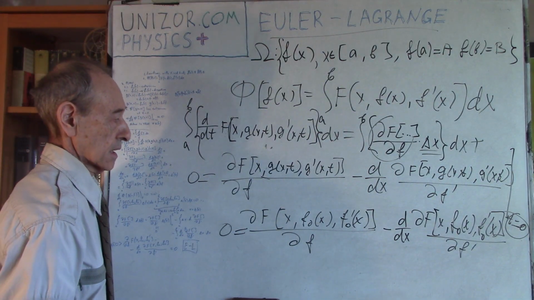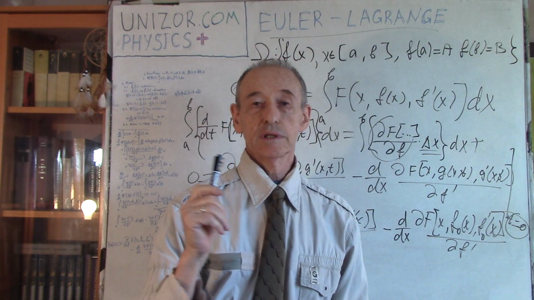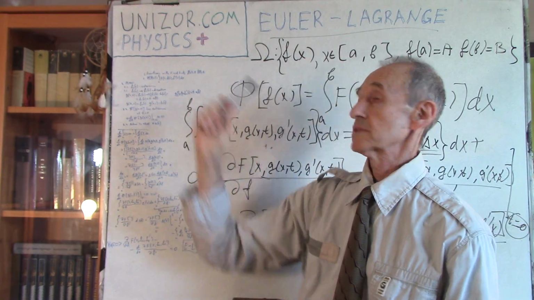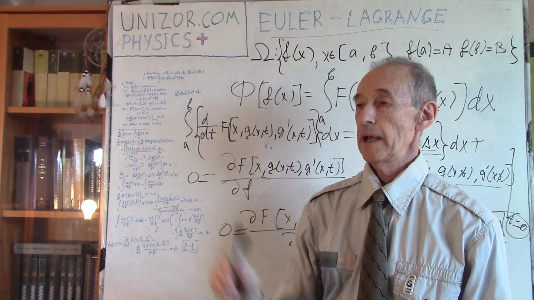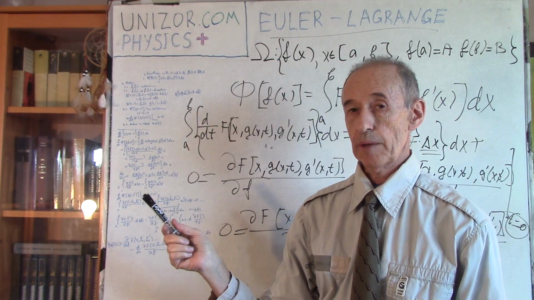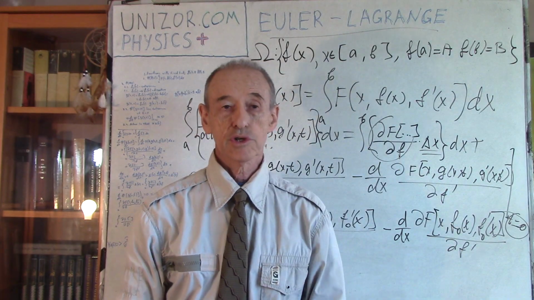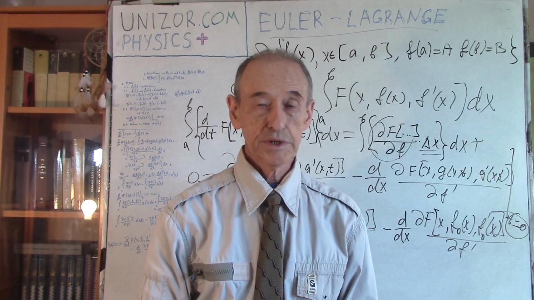That's it. Now, maybe I was a little bit too fast. For the notes for this lecture, go to unizor.com, go to the Physics Plus course, and Variations is the chapter, and in that chapter you have a lecture, Euler-Lagrange equation. I do suggest you look at all these notes.